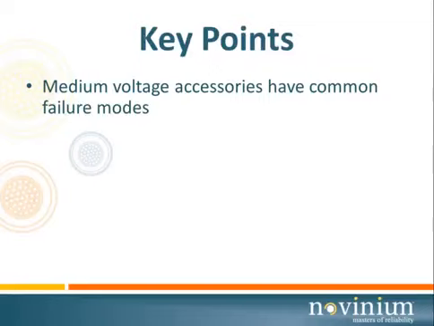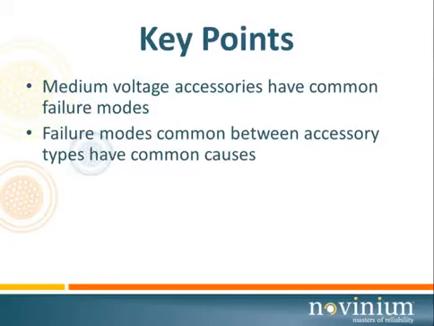The key points, hopefully, that I've hit on is that medium voltage accessories, whether they're 200 amp load break, dead break, T-bodies, separable joints, many of them have common failure modes. And those failure modes have common causes. I hope everybody got that right.